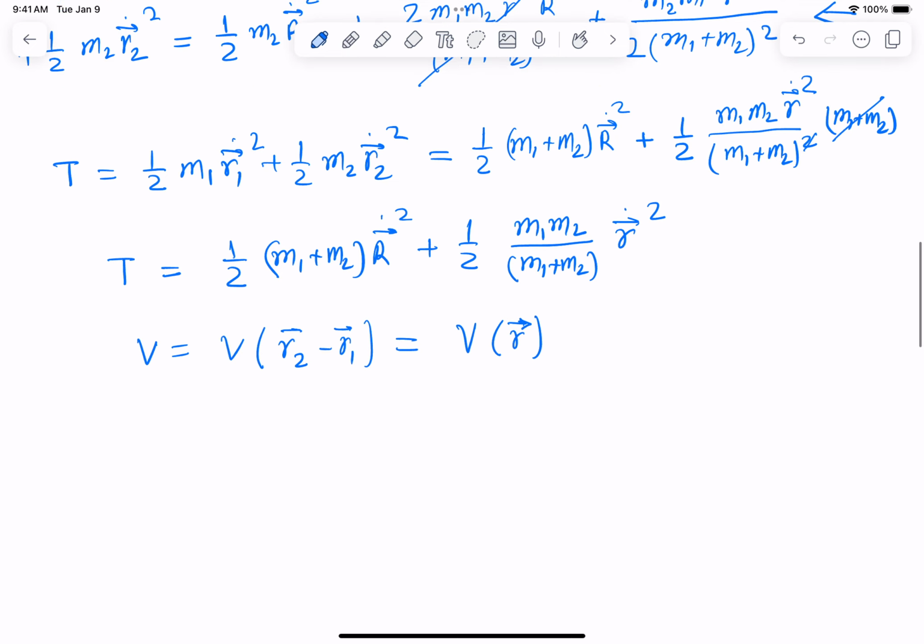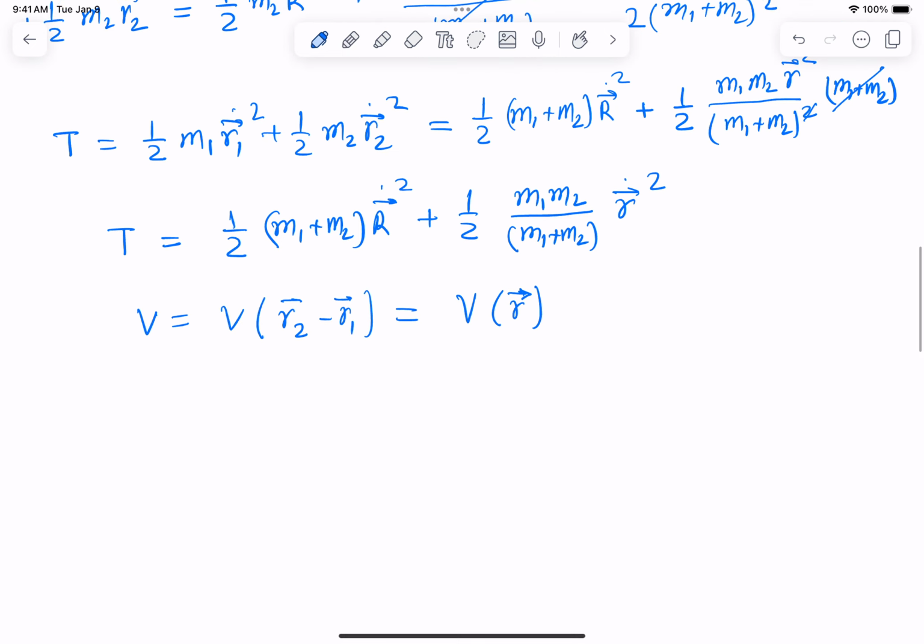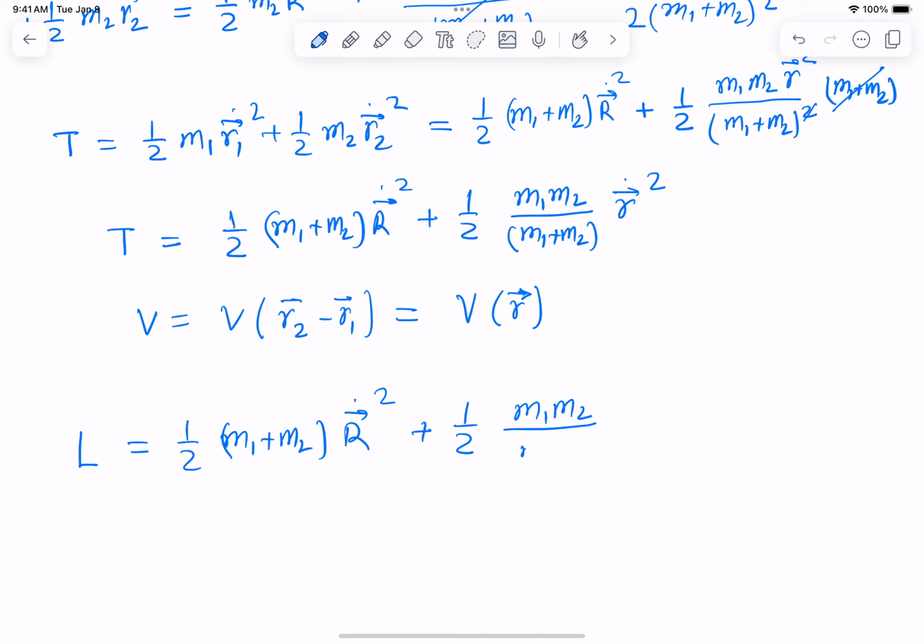Okay, so if you now write down the Lagrangian, you see that the Lagrangian can be written as half of m1 plus m2 capital R dot squared plus half of m1 m2 by m1 plus m2 small r dot squared minus V of r.